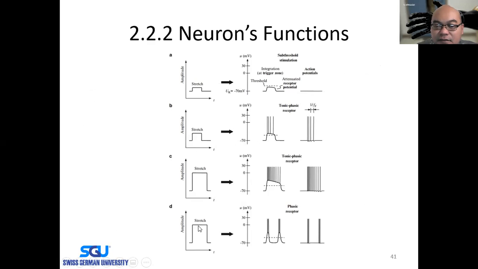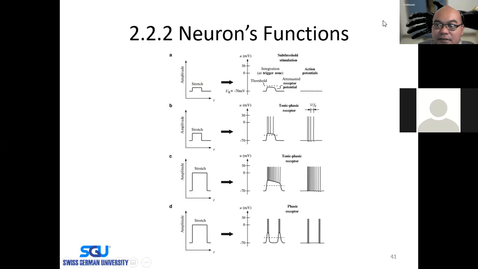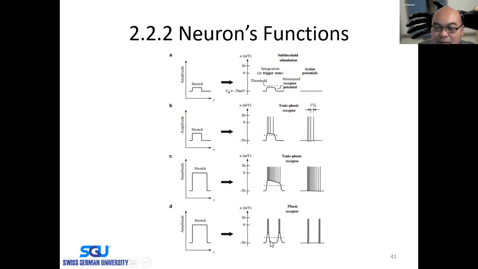When the stimulus is suddenly increased, it excites, there is excitation of the sensory neuron. But after a while, it immediately goes to zero, even though the stretching still occurs.